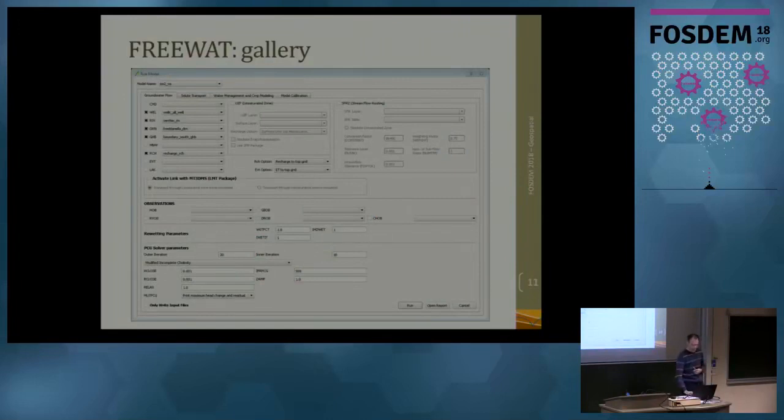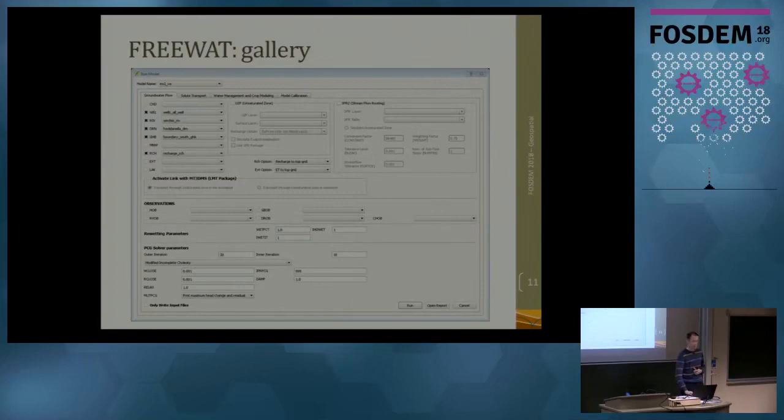So you can choose to model or to simulate groundwater flow. You can also do solute transport or heat transport. There is also an option for water management. So this is more related to agricultural practices and how water budgets close for your entire system. And of course also this model calibration at the end. But the last two I will not go into detail.